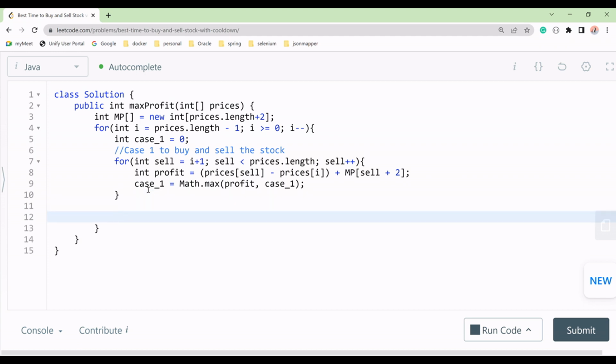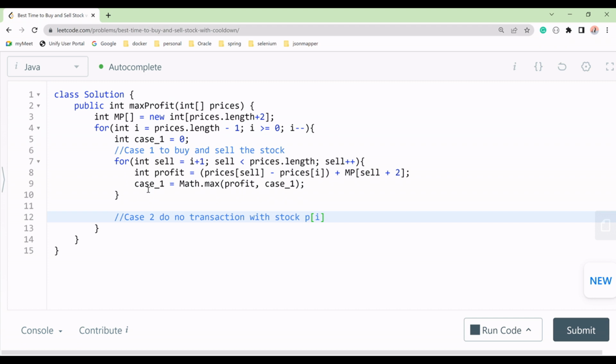We have to find case 2, and we know that in case 2 we don't have to do a transaction, right? Do no transaction with the stock at price of i.